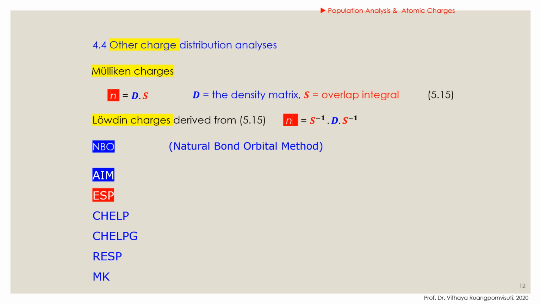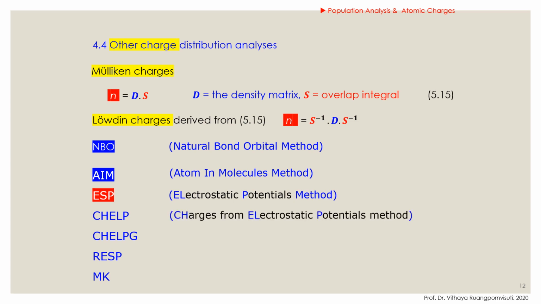NBO is the natural bond orbital method. The AIM is the atoms in molecules method. ESP stands for the electrostatic potentials method.